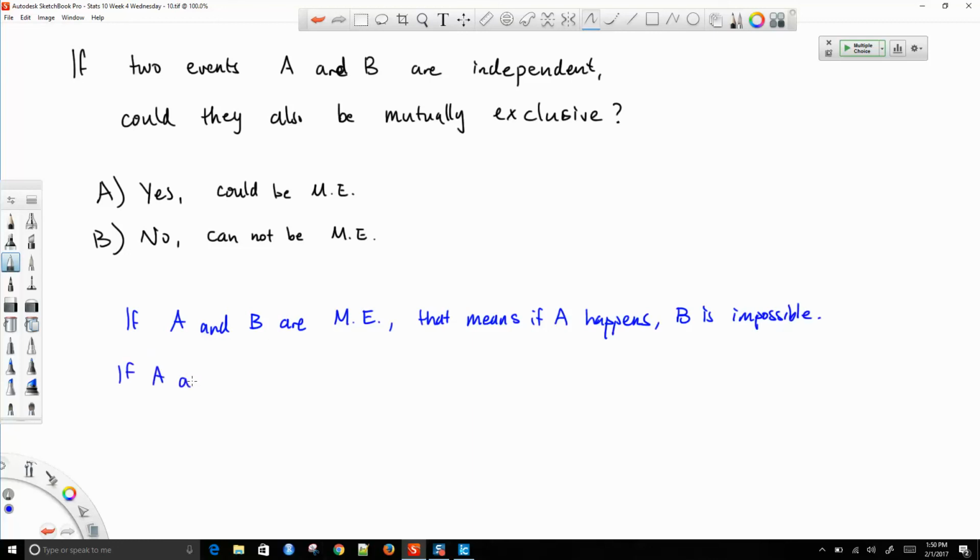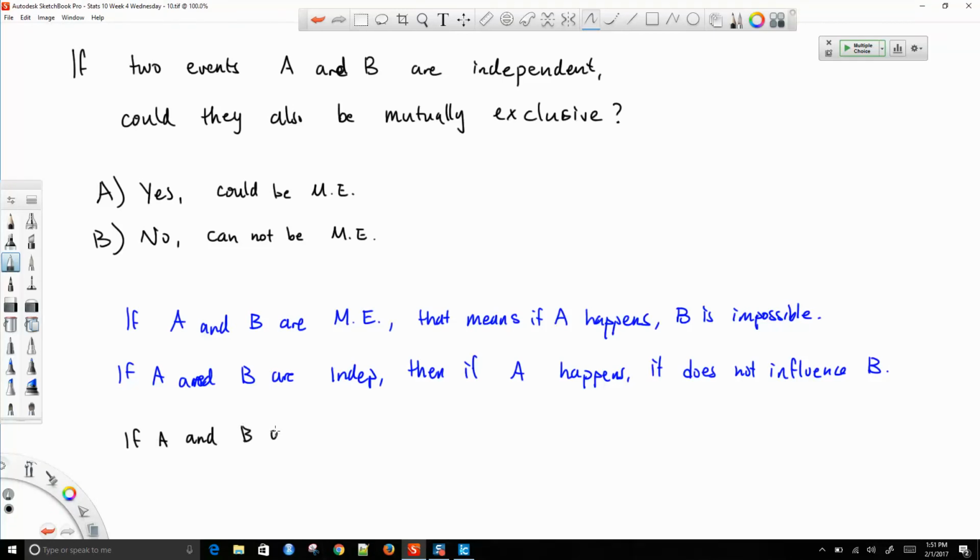If A and B are independent, then if A happens, it does not influence B. Okay? And so being mutually exclusive makes the other thing impossible, which is the opposite of saying it has no influence. Therefore, if they are independent, they cannot be mutually exclusive, and vice versa.